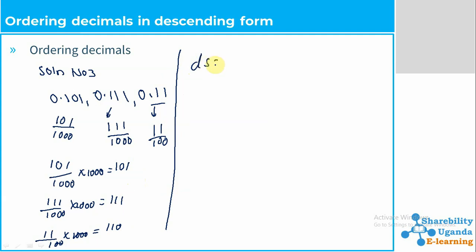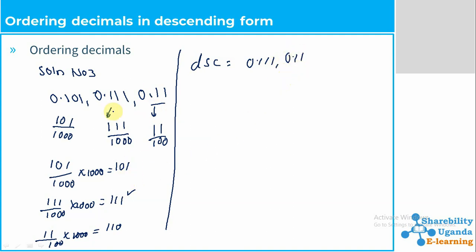descending. Now our descending is going to be, which one is the biggest? 111 comes our biggest, which is 0.111 is the biggest. Then our 0.11.